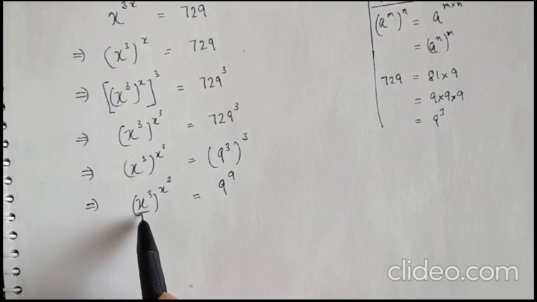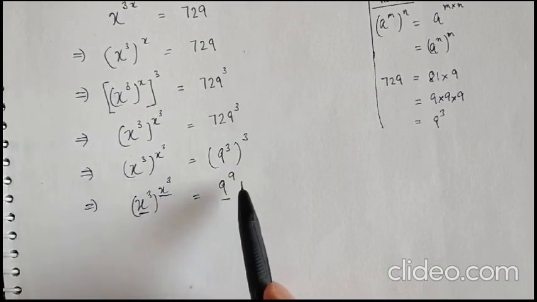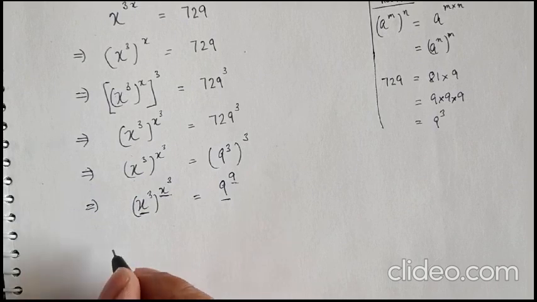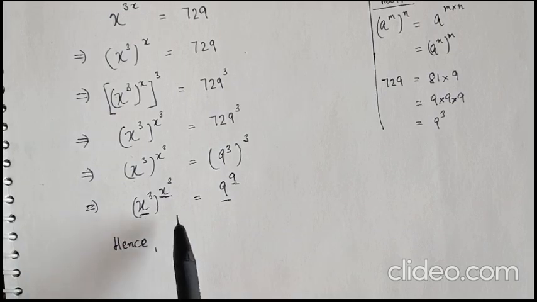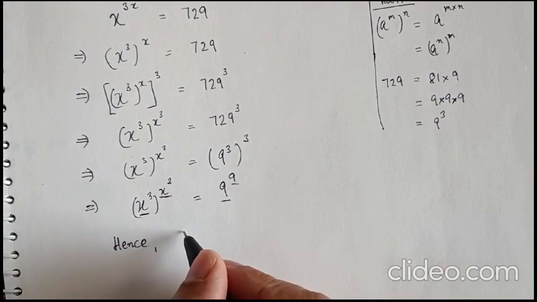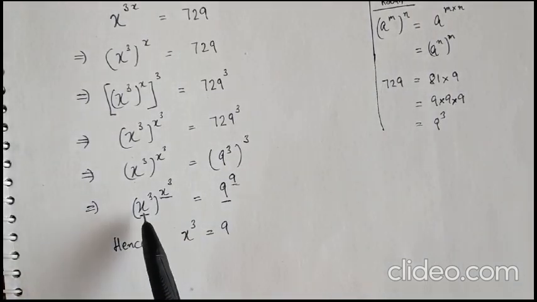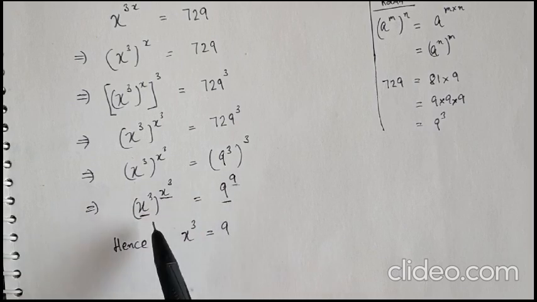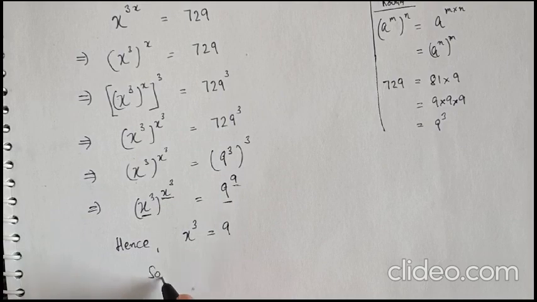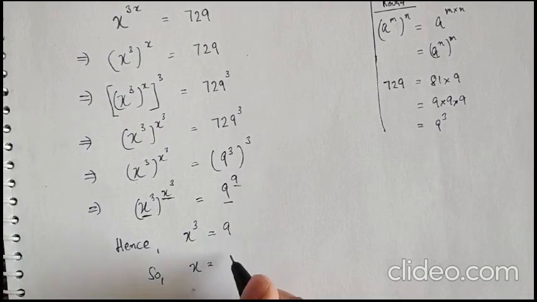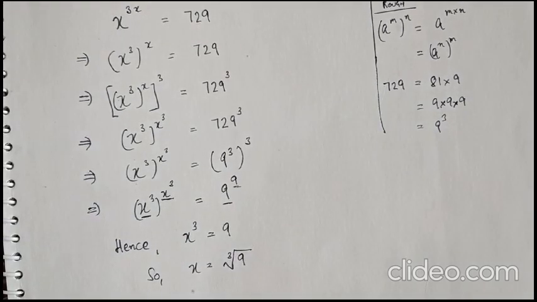So we have x cube here, we have 9 here, x cube here, we have 9 here. Hence, very simply following from here, x cube is equal to 9, right? Very easy to understand this. So what is the value for x? X is equal to the cube root of 9.